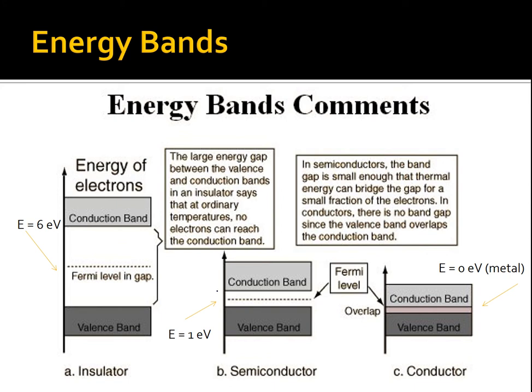For the semiconductor, this band gap energy level will be lower, and for the conductors it is almost 0 eV, because in the conductor, even at room temperature, if we get a little bit of energy, the electrons will move from the valence band to the conduction band, and the flow of charges, the flow of current, will start. However, in the insulator, because there are stronger bondings, we will require a large amount of band gap energy for the movement of the electrons from the valence band to the conduction band.